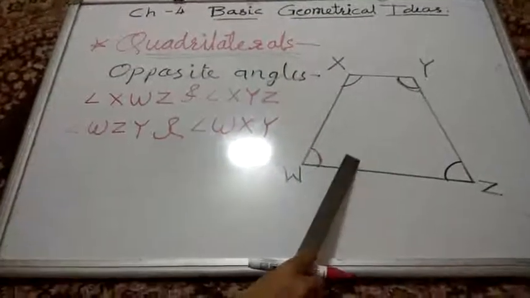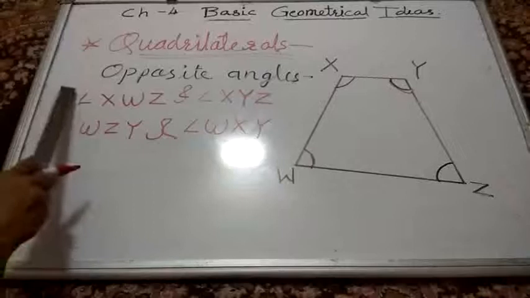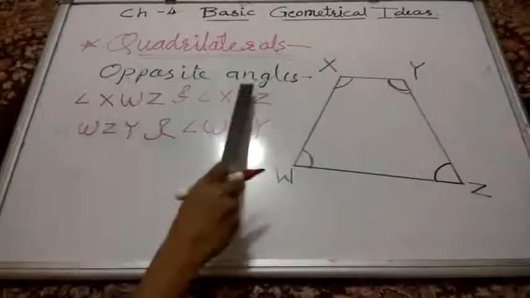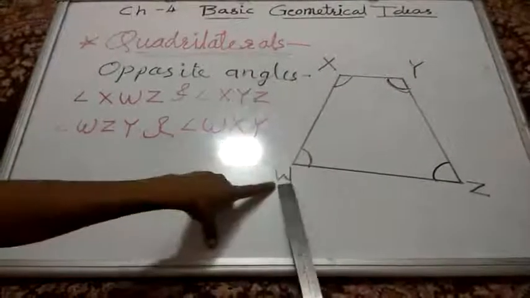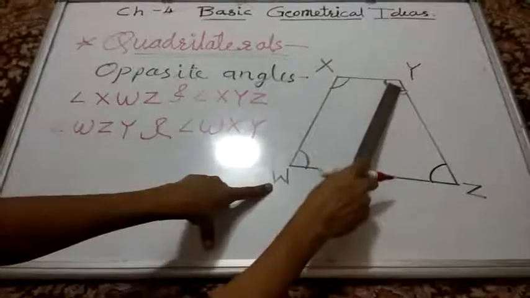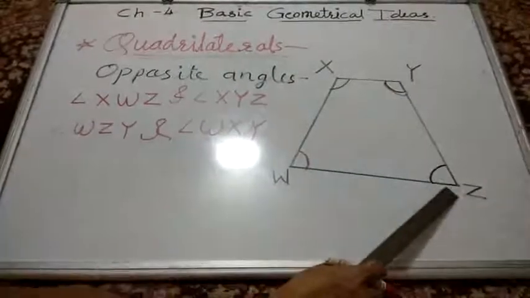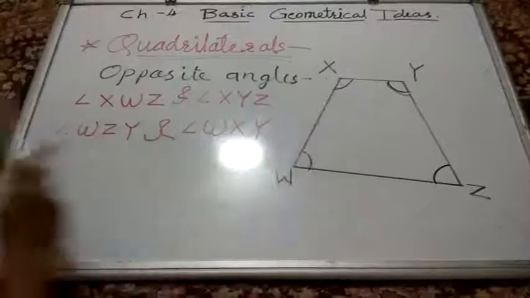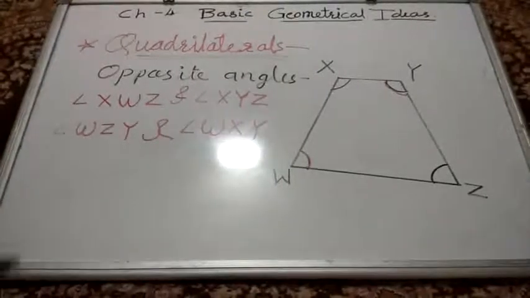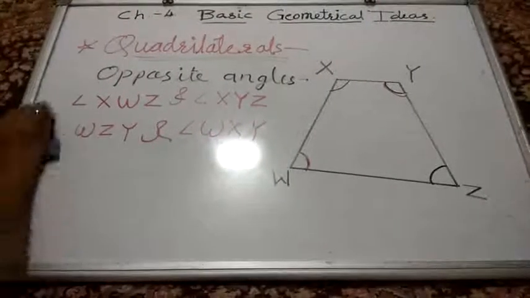So in a quadrilateral we have two pairs of opposite angles. What is the opposite angle of angle W? Angle Y. What is the opposite of angle Z? Angle X.